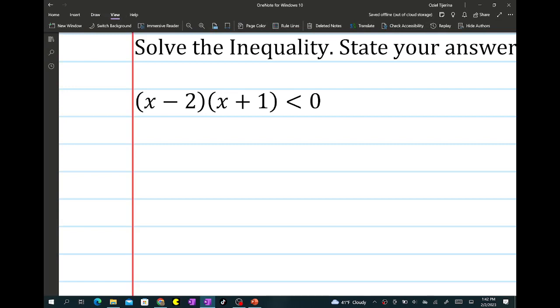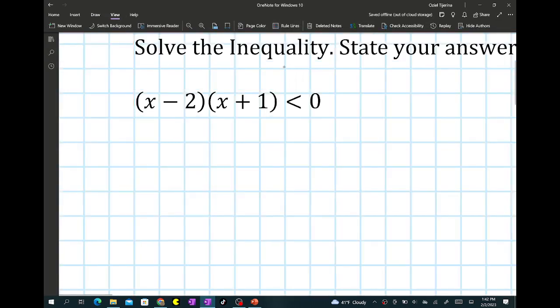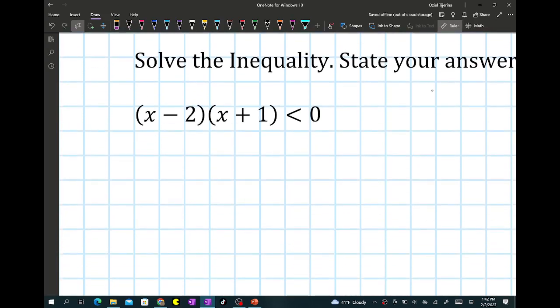Since we're actually going to draw a number line, I'm going to state the answer in interval notation as well, or actually graph the solution to this inequality. So let me go ahead and do that.